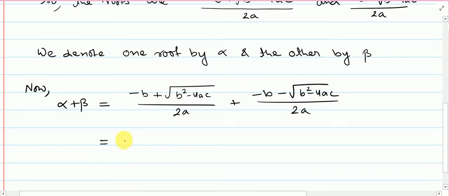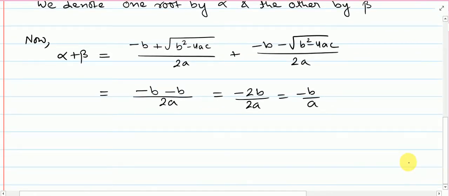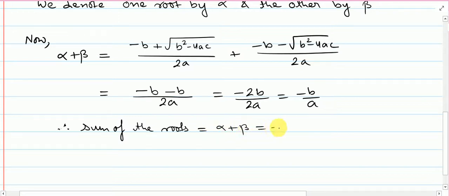So we'll get minus 2b upon 2a, which is equal to minus b by a. Okay, so we got, therefore, sum of the roots is equal to alpha plus beta is equal to minus b by a.